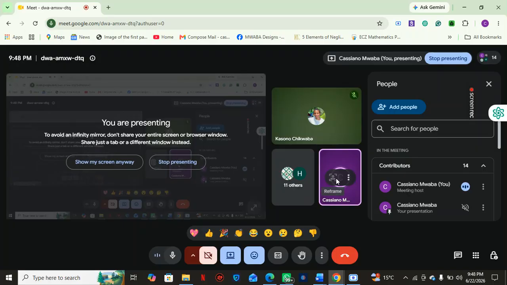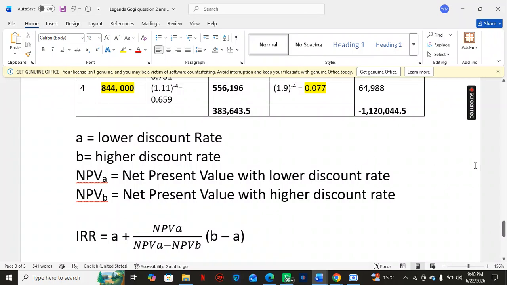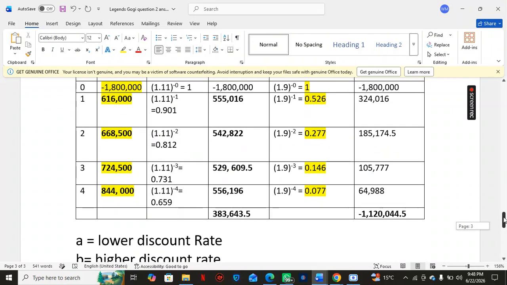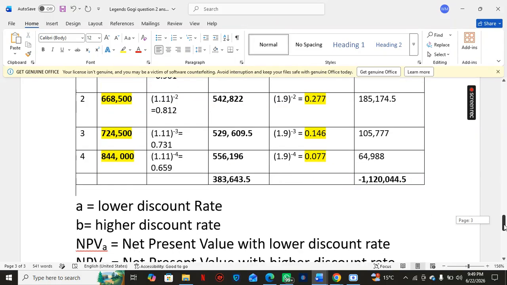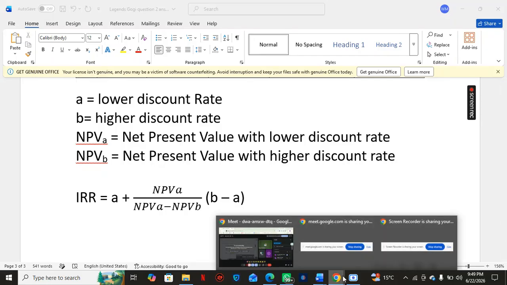Is that okay, Mr. Kasono? The IRR is just your cash flows, these cash flows here, year one, year two, converted into a percentage. This is the return your project is generating for you. Is that okay, Madam Kathy?